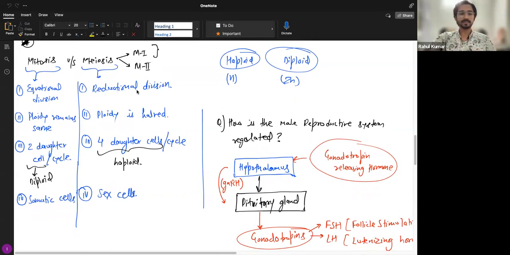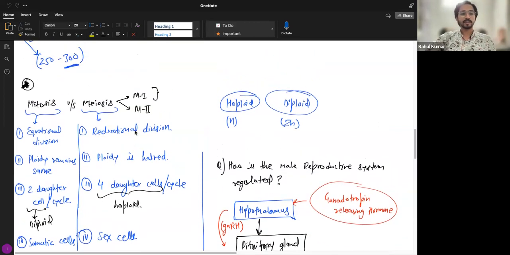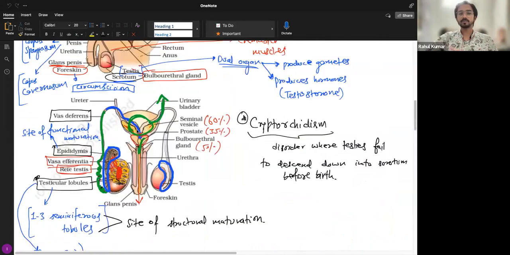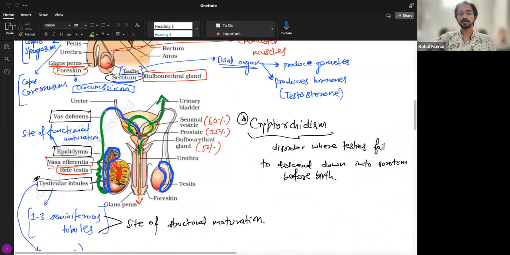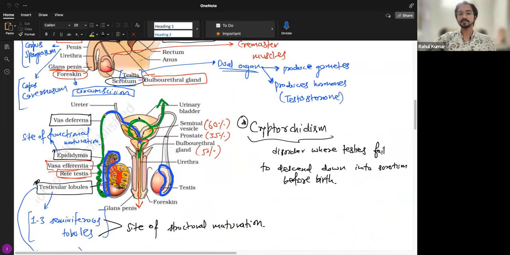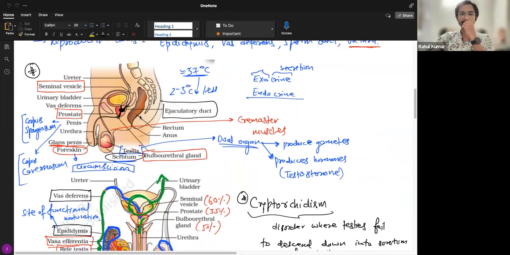I gave you homework in the last class to go back and look at spermatogenesis, and also whatever we have done till now, we have to make notes, right? Okay, perfect. So did you find any problem with respect to the anatomy of the male reproductive system, the organs, glands, anything?